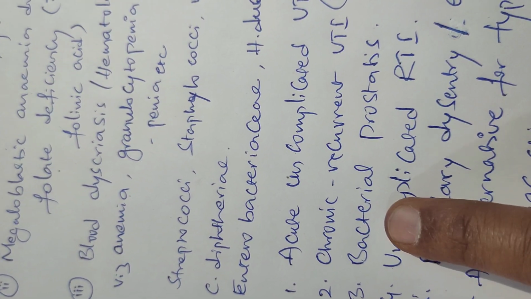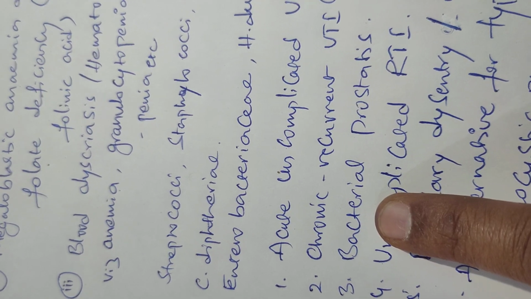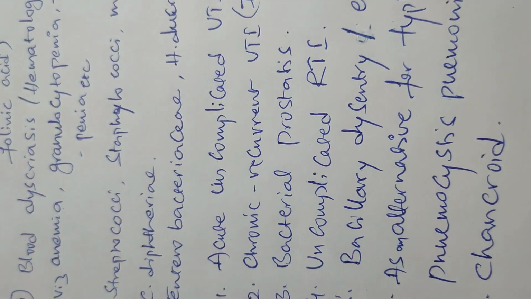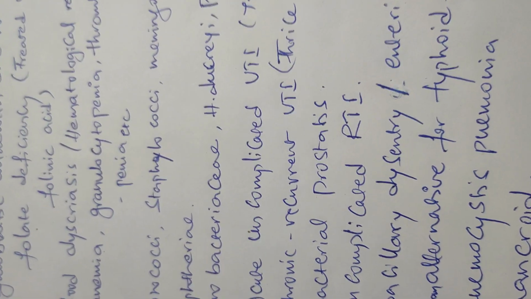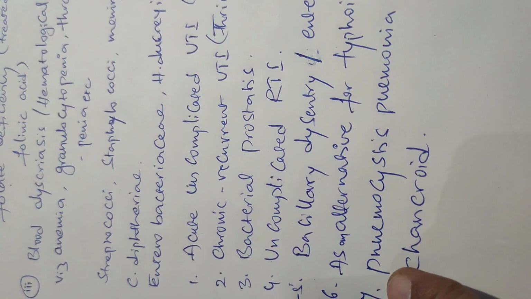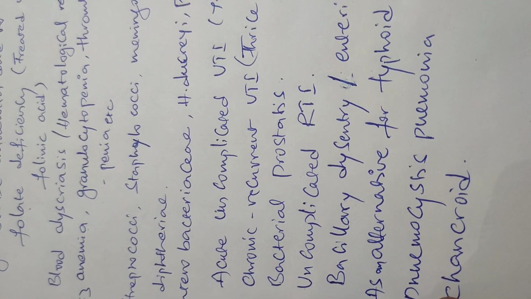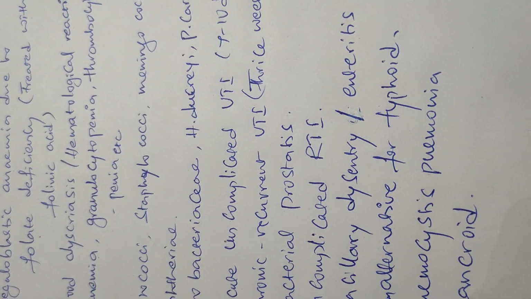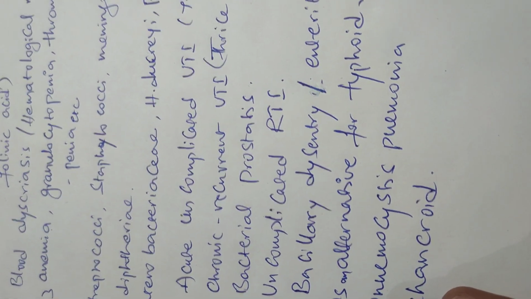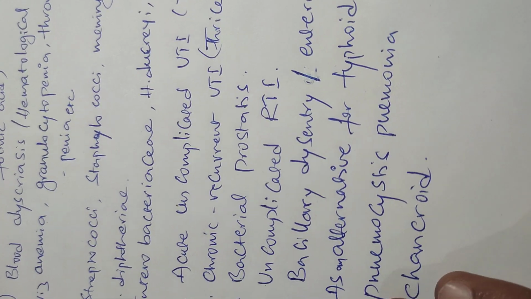Then it is also used for treatment of bacterial prostatitis, and for uncomplicated respiratory tract infections. It is also used for bacillary dysentery and enteritis. Next, it is used as an alternative to treat typhoid. It is not a first choice drug.